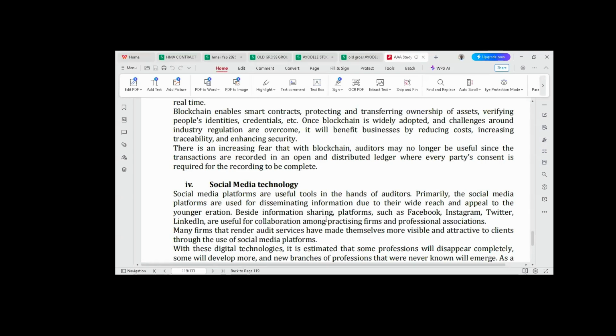Okay, so let's go to the next one. Social media technology platforms. What we are seeing here is that auditors now have social media platforms which they use to disseminate information.